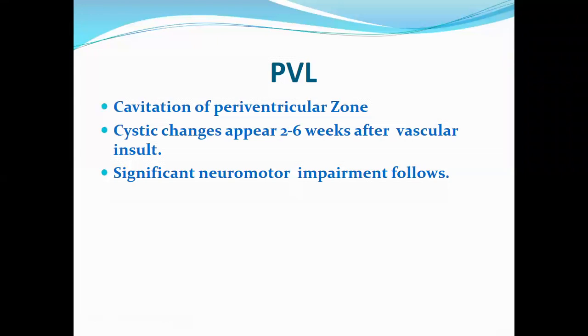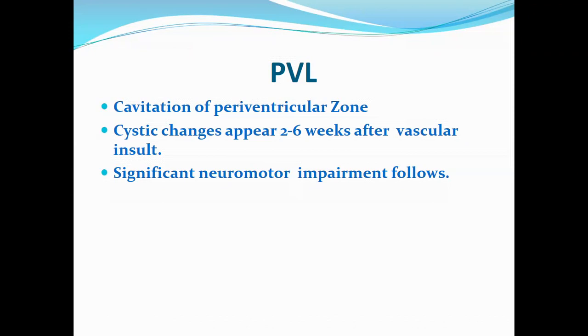Periventricular leukomalacia should be the last consequence that we'll talk about. Periventricular leukomalacia simply means peri, adjacent to the ventricles, periventricular, then leukomalacia. Leuko, it's white matter. There are leukocytes in the body. So leuko, white matter.